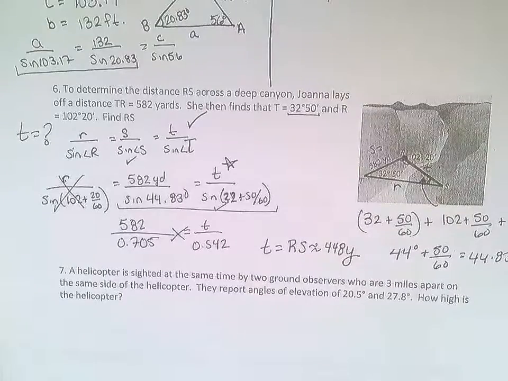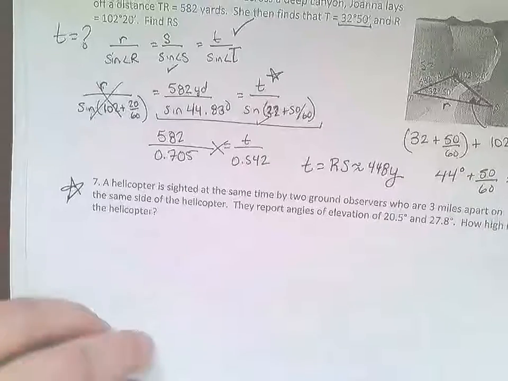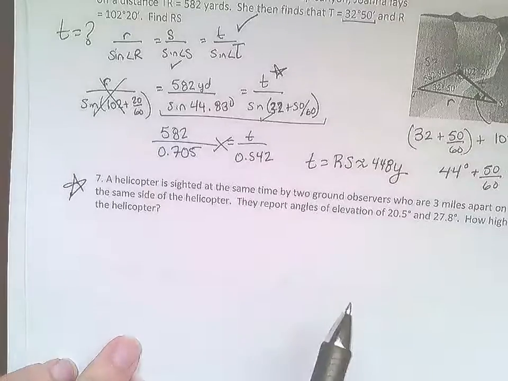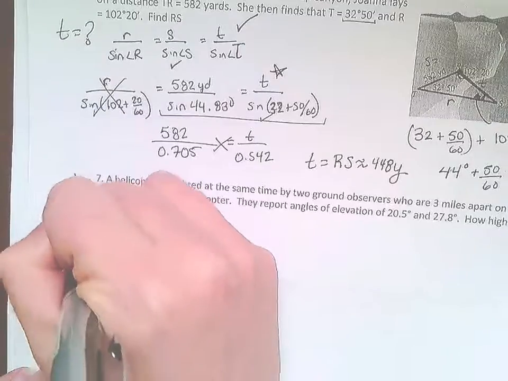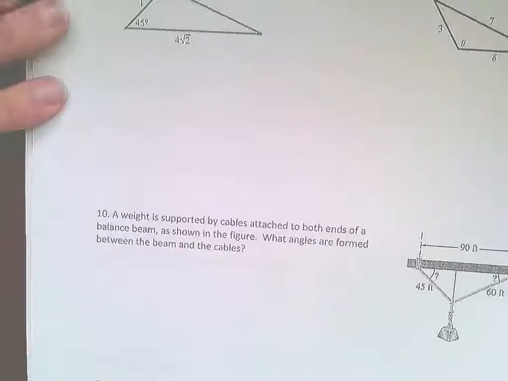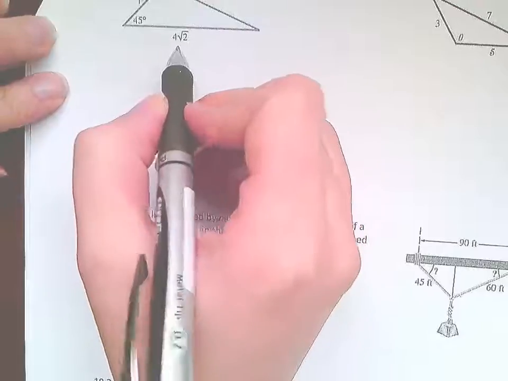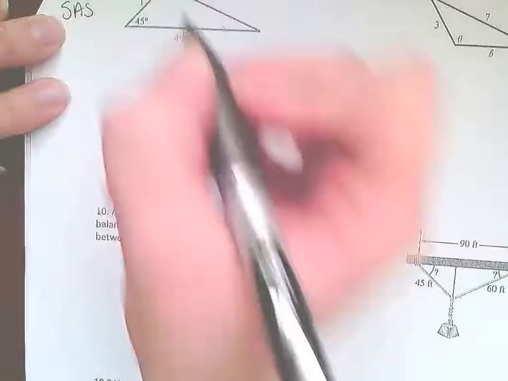Alright, like I said, I don't want these videos to go past 20 minutes, so we're going to stop here. I do want you guys to do number 7 on your own. Number 6 was still law of sines, and this one is the law of cosines, and the reason I know that is because I am given SAS.